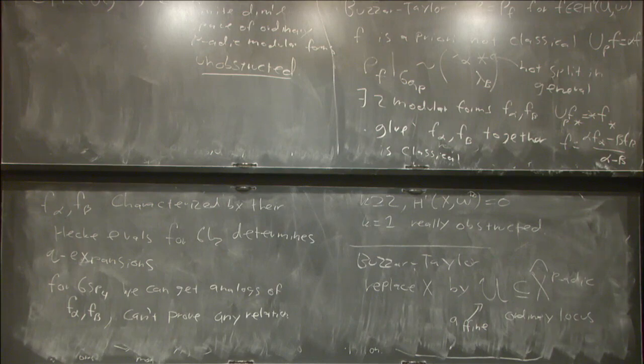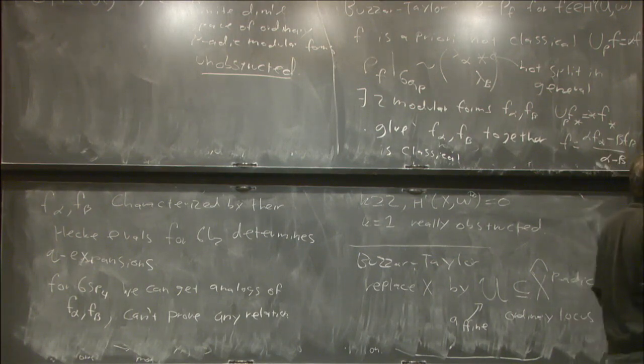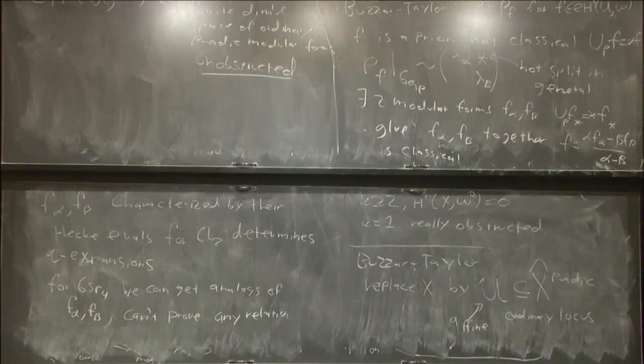X is this Hilbert-Siegel-Shimura variety, which has dimension 3 times the degree of F. And it's a coarse moduli space of so-called abelian varieties of GSp4 type, that is, abelian varieties with an action of O_F, where A has dimension twice the degree of F.